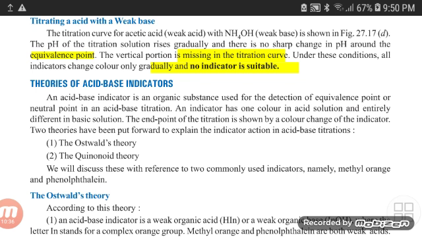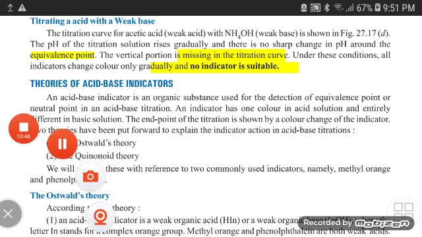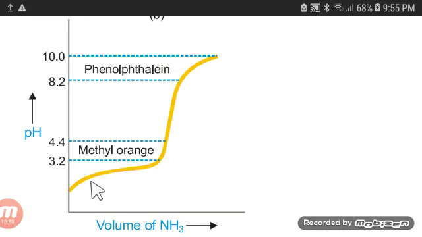After that, there is titrating with a weak acid and a weak base. The weak acid is acetic acid and the weak base is ammonium hydroxide. Let's have a look at its titration curve. At the beginning there is a gradual, slow change, but there is no sharp change in pH and the vertical portion is missing.